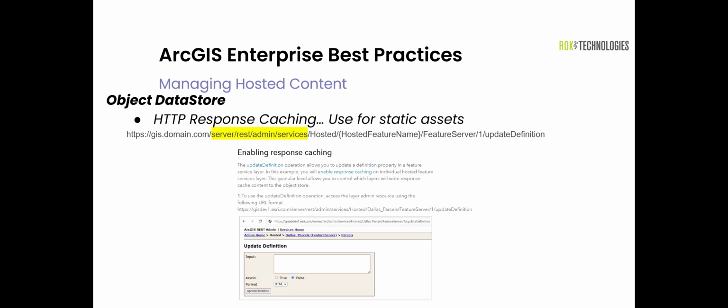So there's this cool function called HTTP response caching. Esri has a great article on it, but basically everyone is using hosted features, and for good or for bad, some maybe even abusing them.